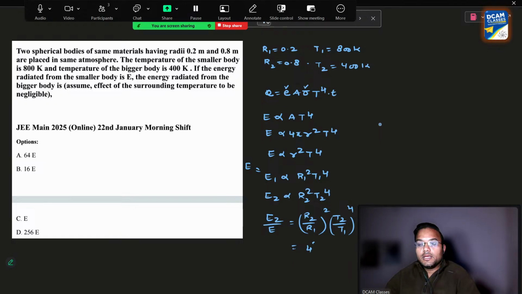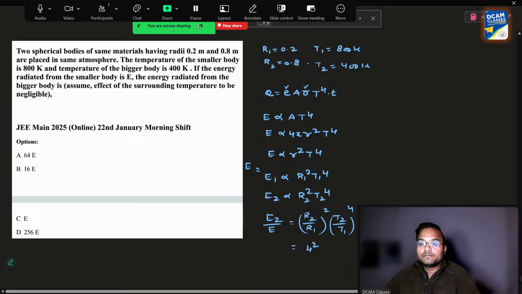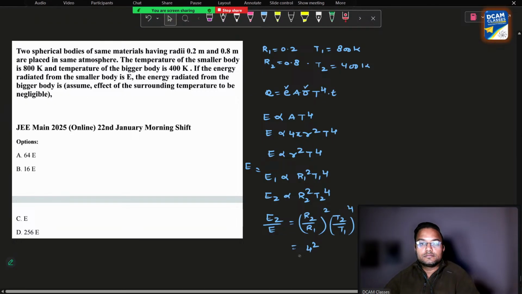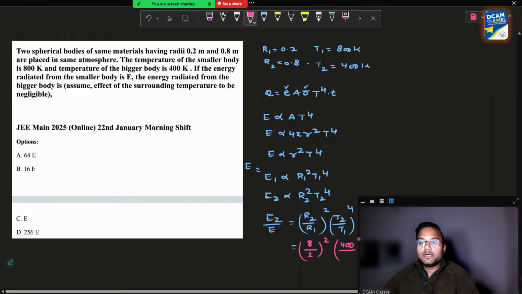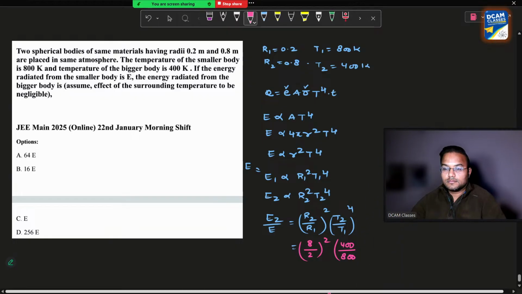Let me do it in more detail. 0.8 by 0.2, that is 4, whole square, into T2 by T1, which is 400 divided by 800, whole power 4.